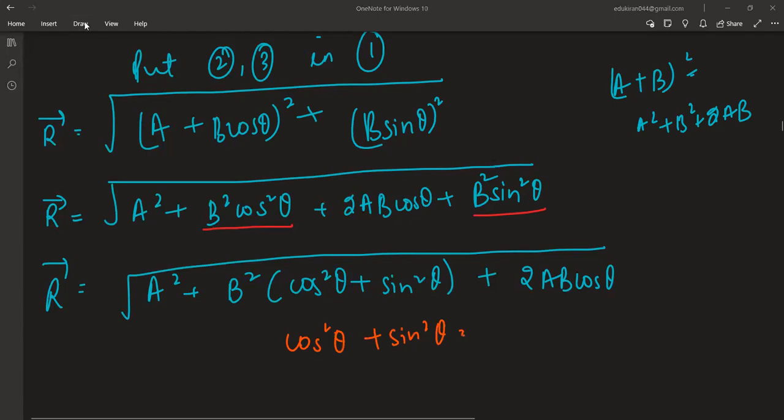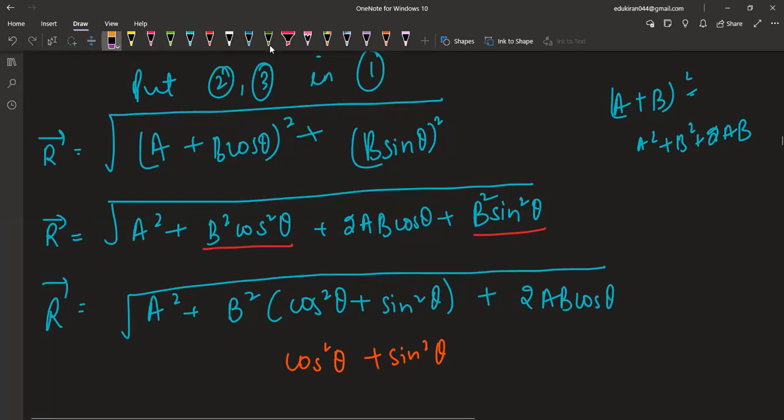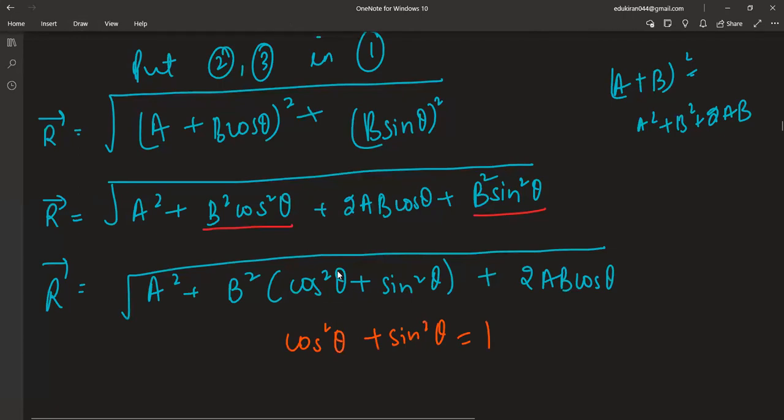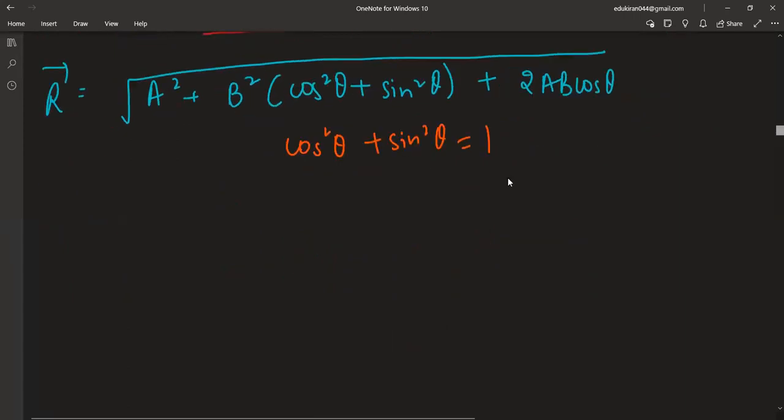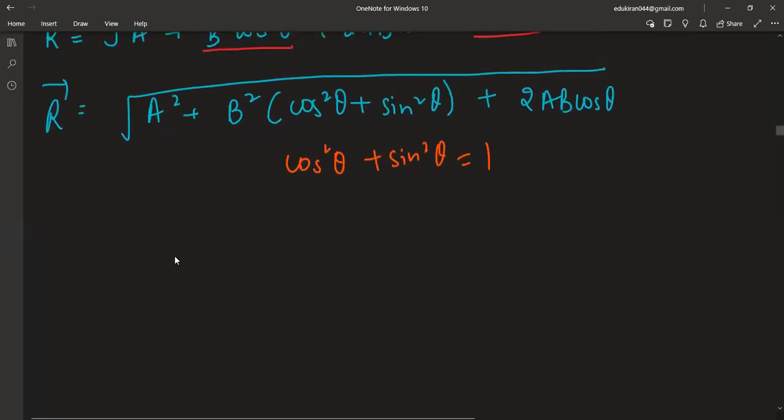Very good. This is equal to 1. So if this is equal to 1, then this becomes 1. We have got our answer.